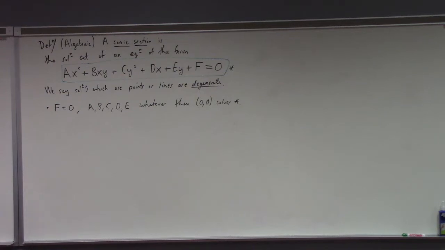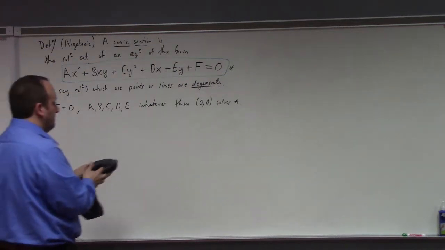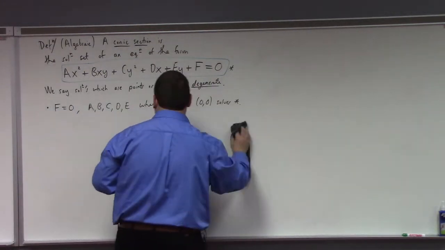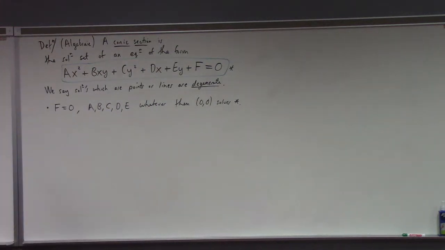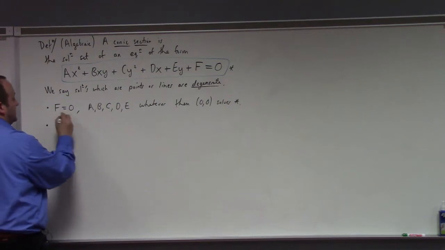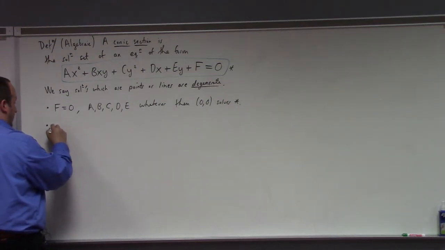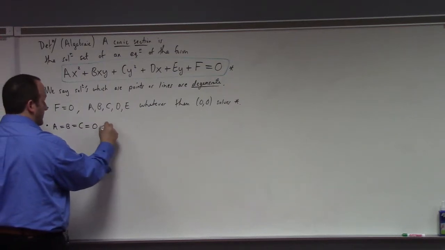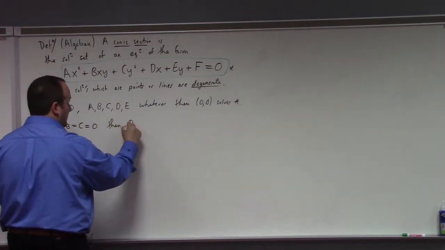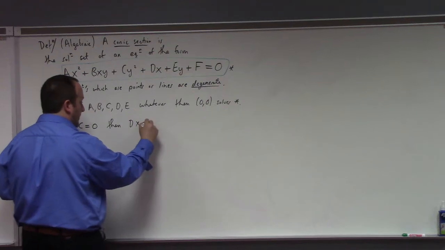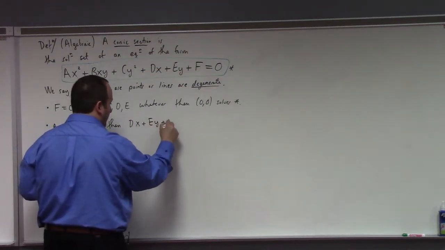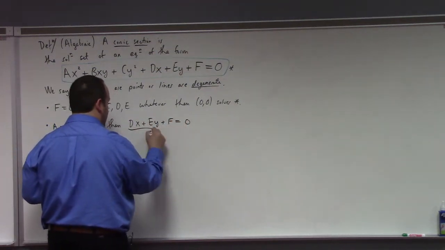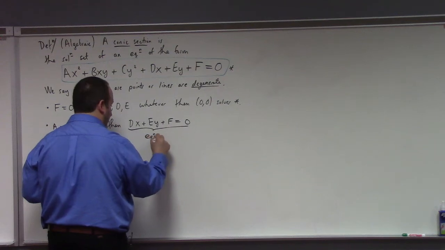How can we get lines? To get lines, let's just look at the case a equals b equals c equals 0. Then you've got dx plus ey plus f equals 0. And this is the equation of a line.